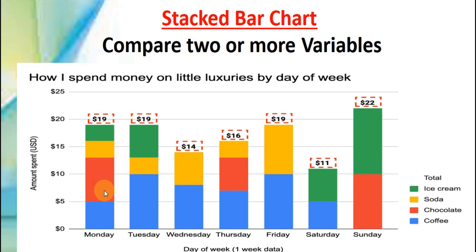Look here. If we want to categorize total expenditure on a particular day, we can present the bar chart like this. Based on data, we can choose the suitable chart.